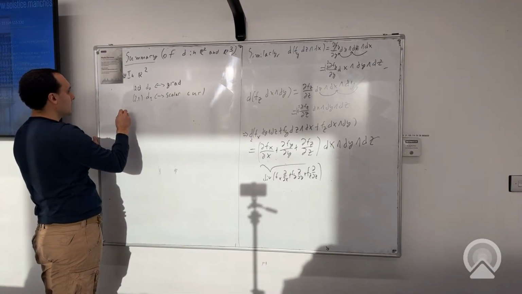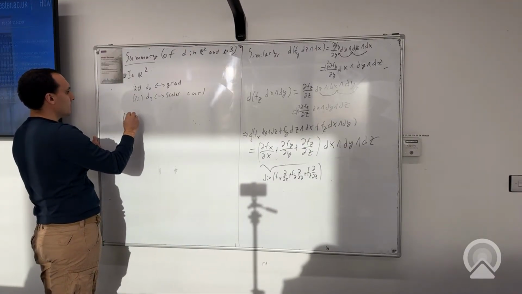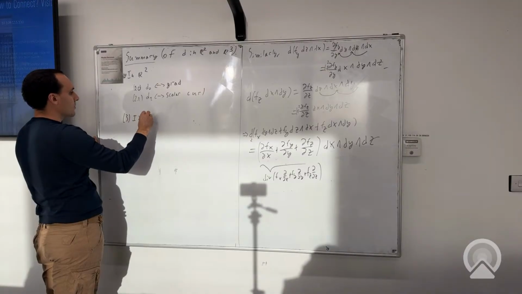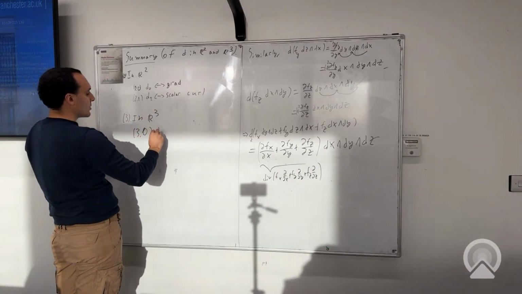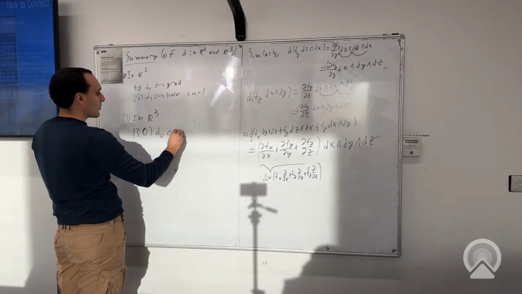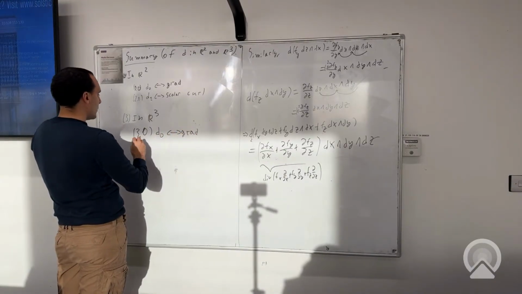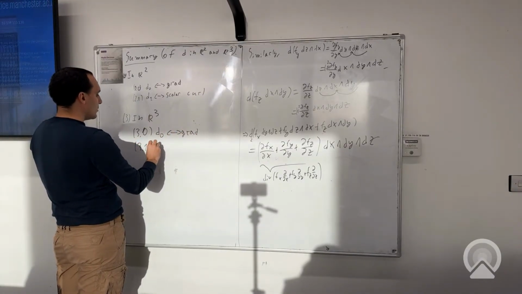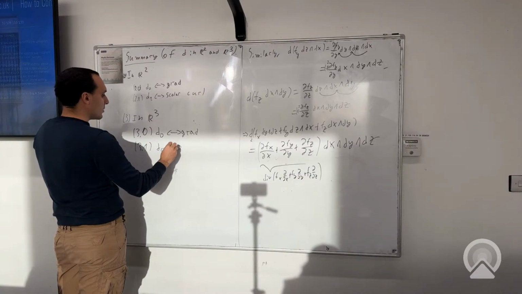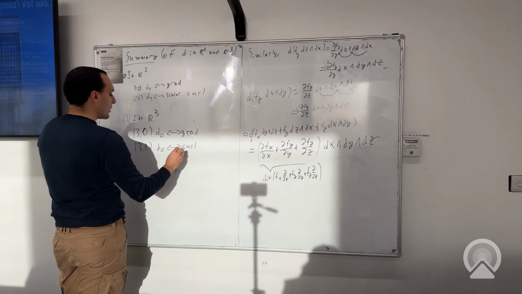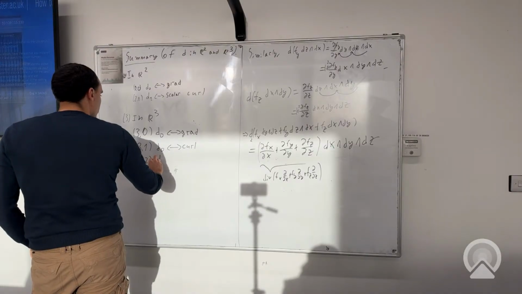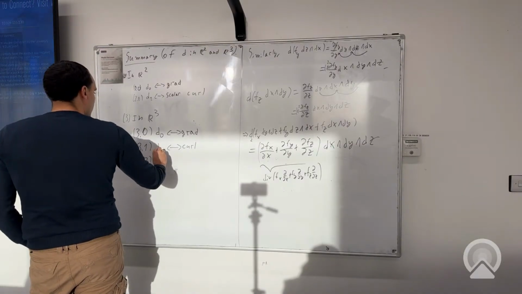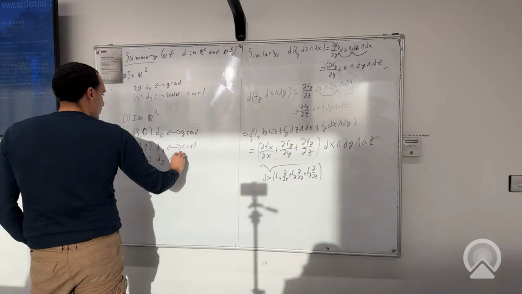And in R3, so again, d0 is like gradient. d1 is like curl, and d2 is like divergence.